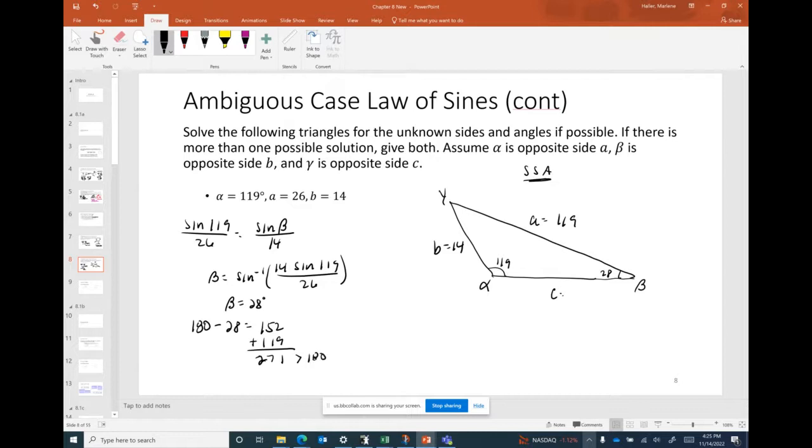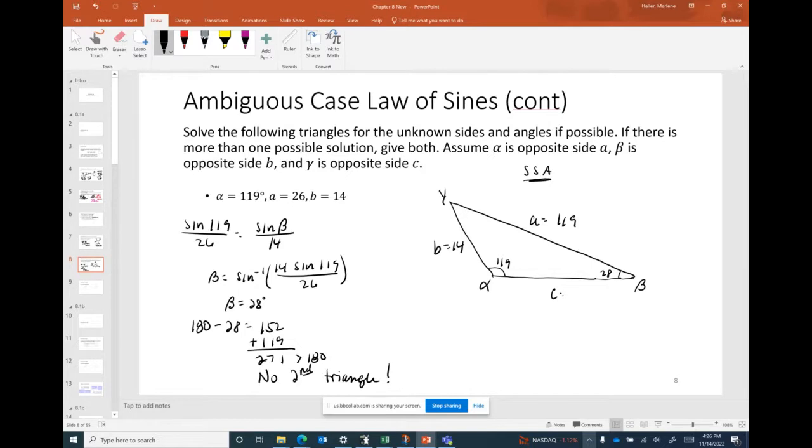So I know that there's no second triangle. That's usually going to be the case when an obtuse angle is given.